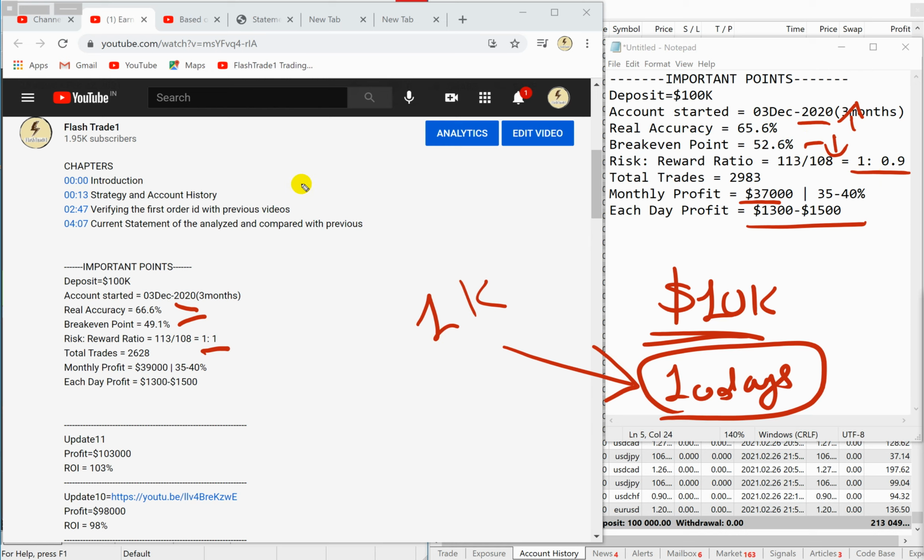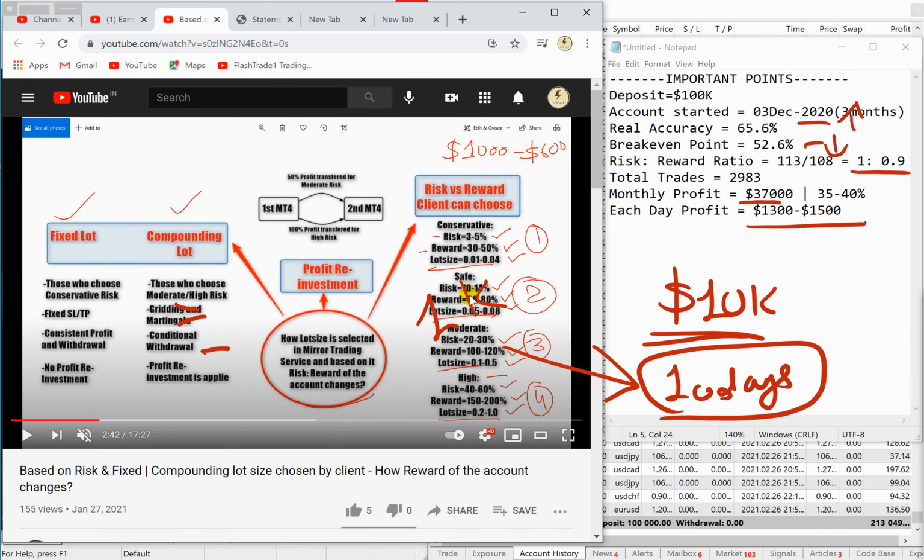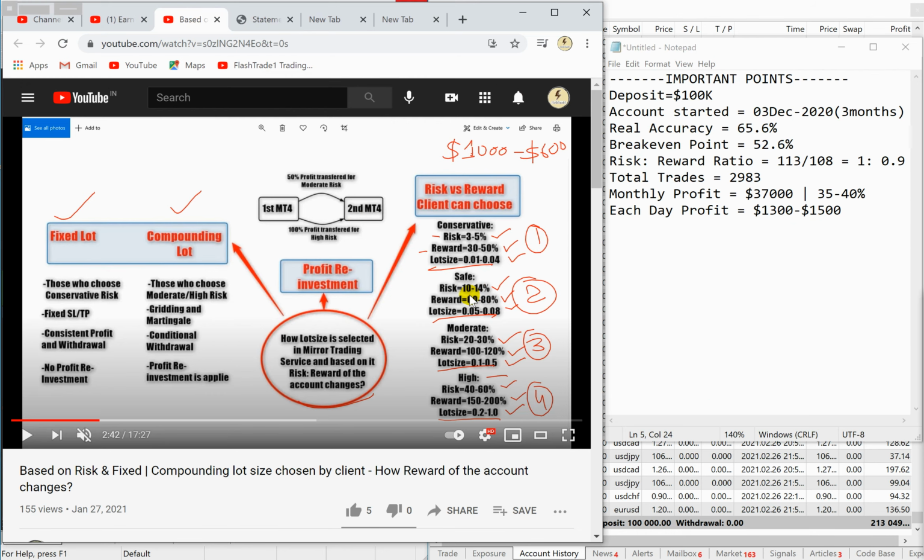And also let us check the video where we have shown that an account whose risk is 3 to 5% and whose reward is 30 to 50% is traded with conservative risk, and we have seen just as of now that we are making 35 to 40% reward on this account.